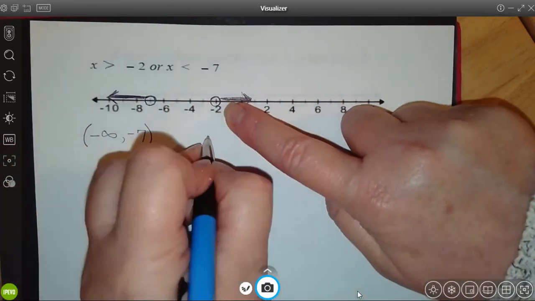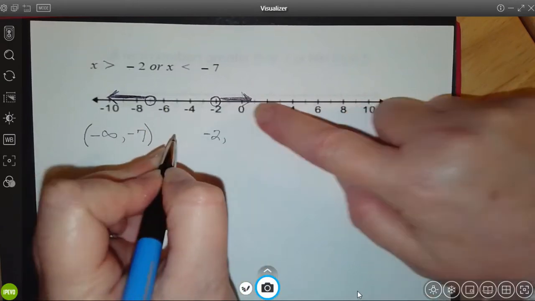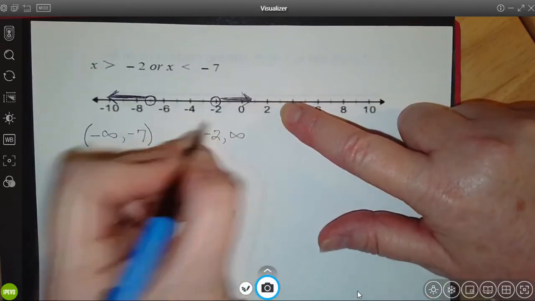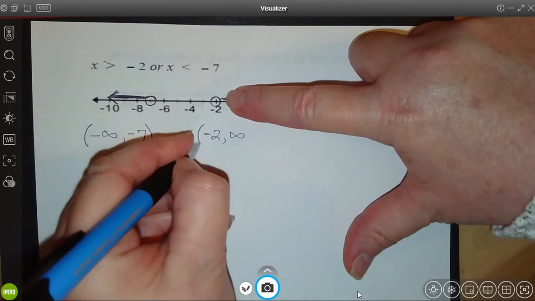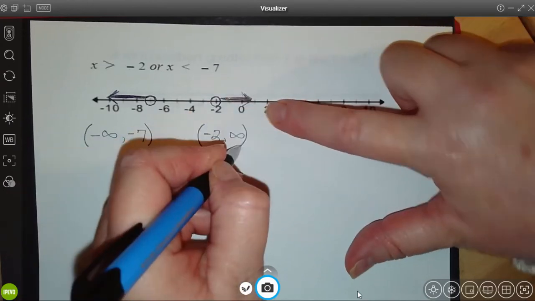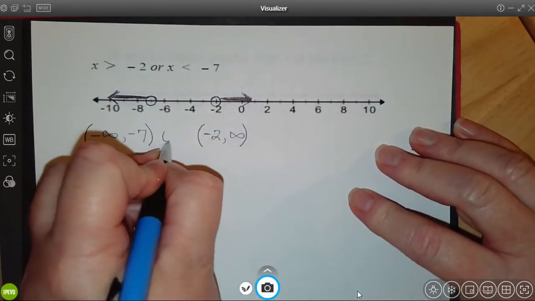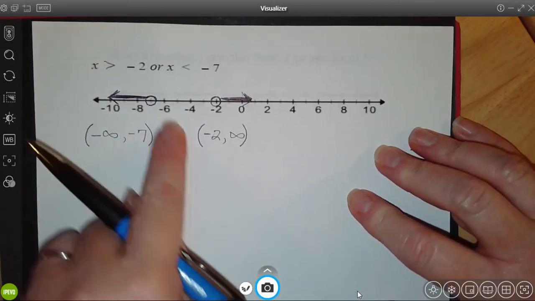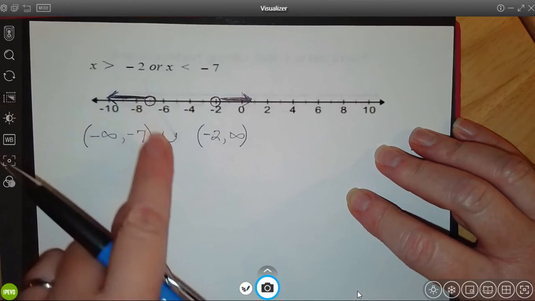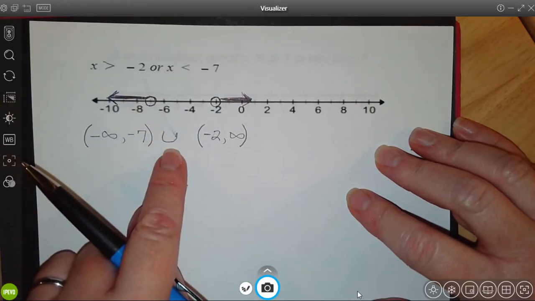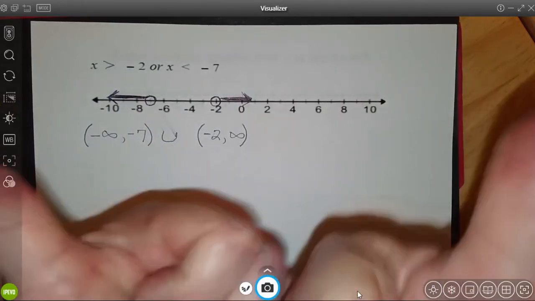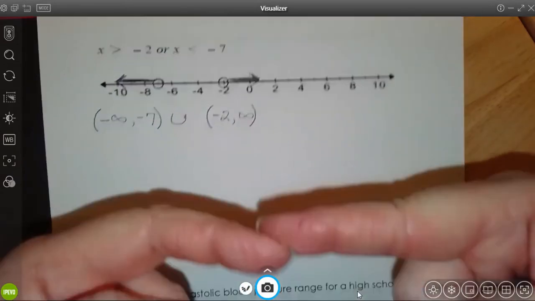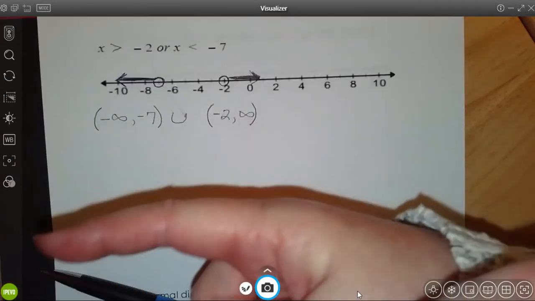Then it starts over again at -2, and it points to positive infinity, open circle, parentheses, infinity, parentheses. And I put that flat U in there to say that these are both parts of the same answer from the same question. So remember, when you do an or, then you should have arrows that are going away from each other. They should not come in, they should go away from each other.